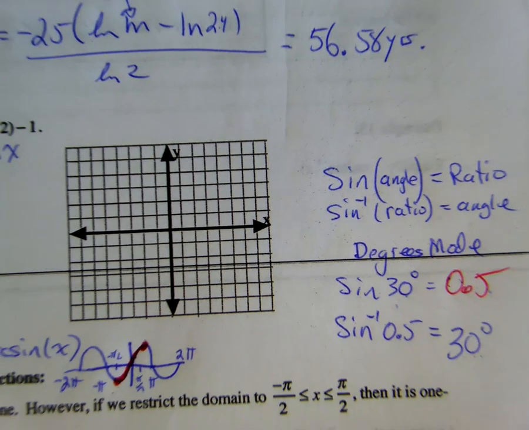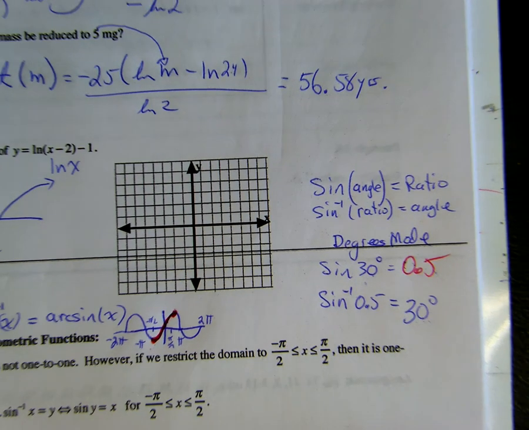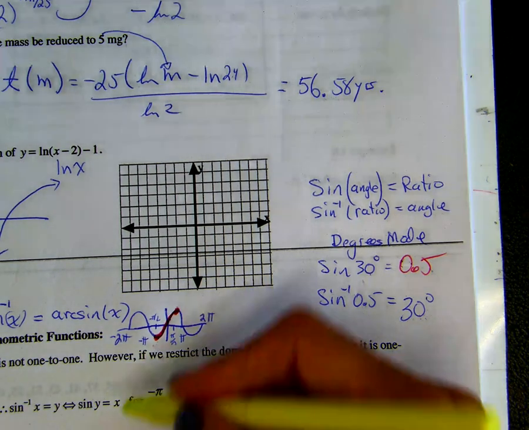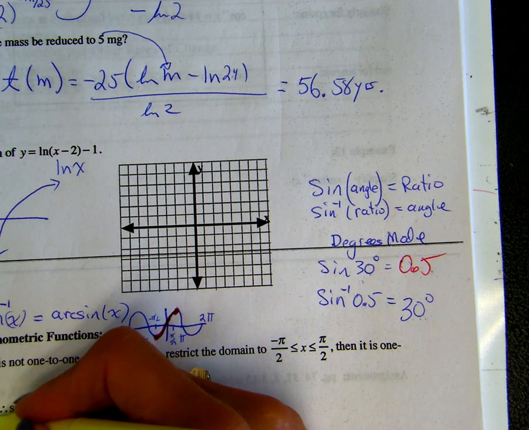So domain restrictions on sine inverse, you need to know what they are. Negative pi by 2 to positive pi by 2.